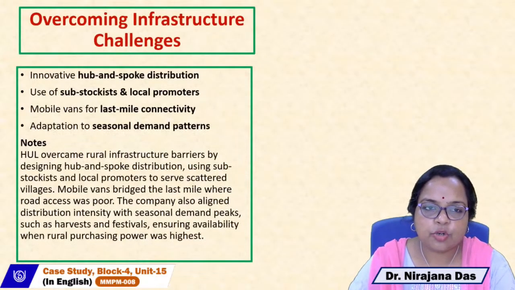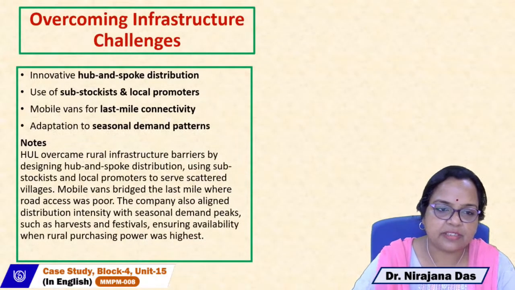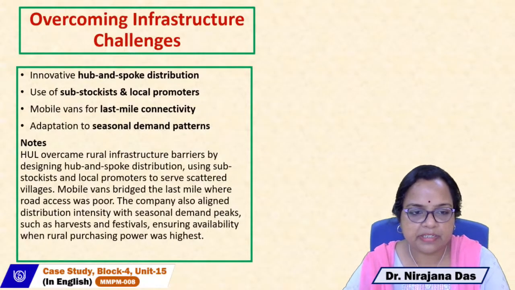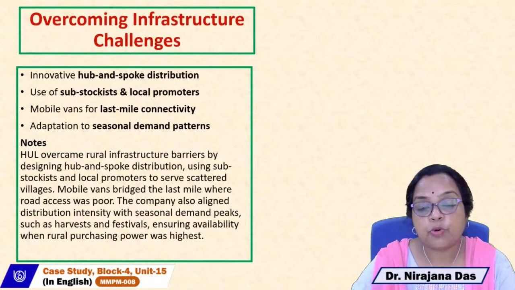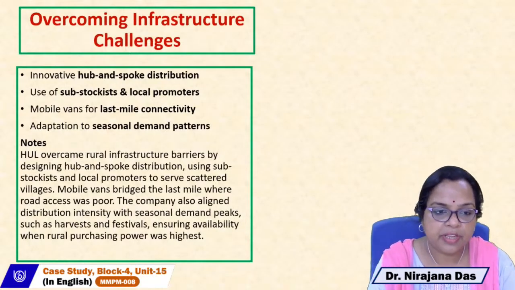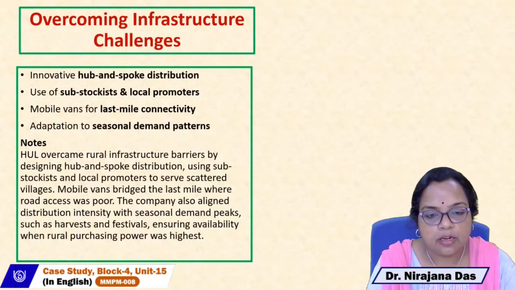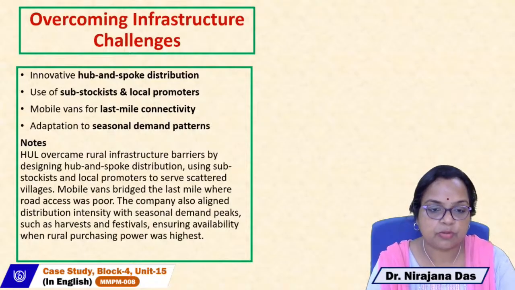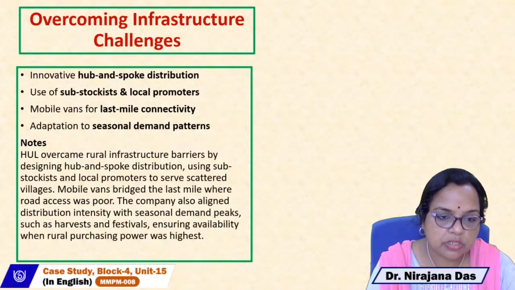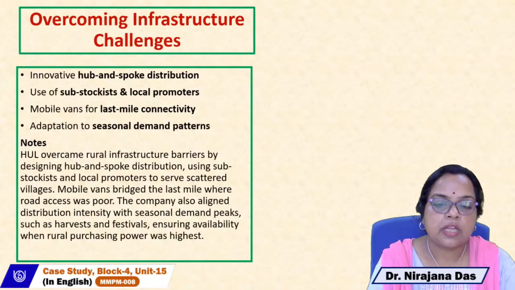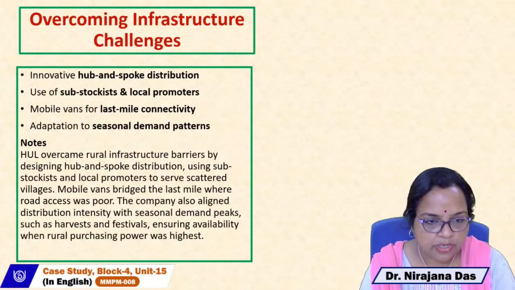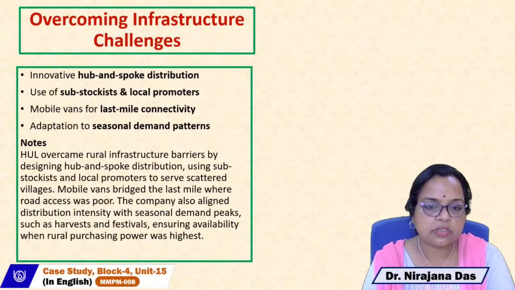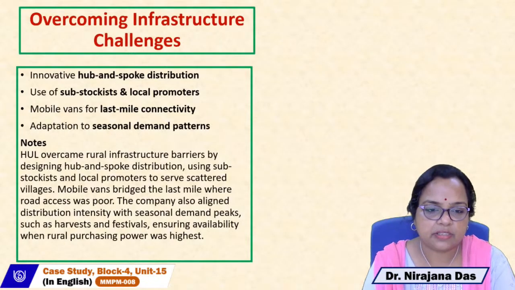So the next is overcoming infrastructure challenges. HUL overcame the rural infrastructure barrier by designing the sub-hub and spoke distribution that we discussed, having local wholesalers even for small villages with fewer than 2000 members. This model is known as hub and spoke distribution. They appointed sub-stockists and local promoters to serve scattered villages.